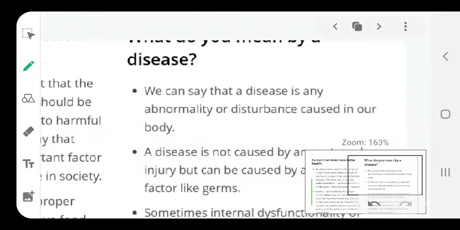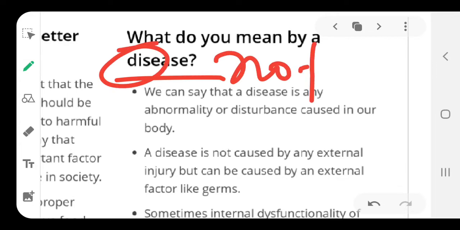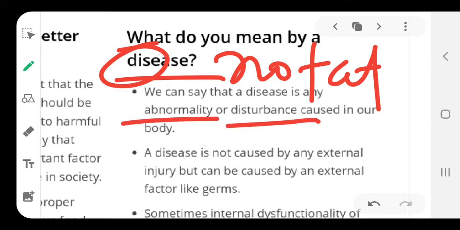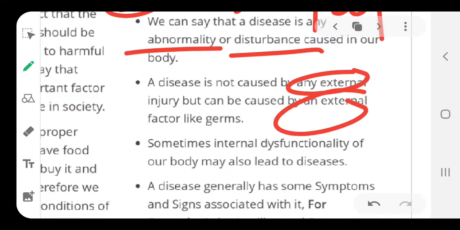Then the question is, what do you mean by the term disease, okay? Disease means not at ease, okay? So not at ease is called disease. That means the body is under some abnormality or disturbance. Disease can be caused by external or internal factors, depending upon how we get it in our system.